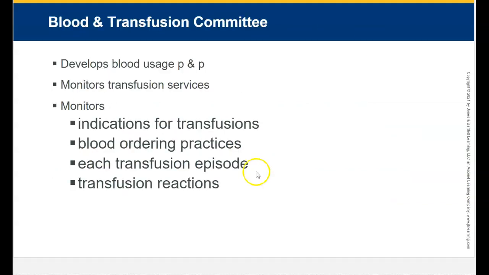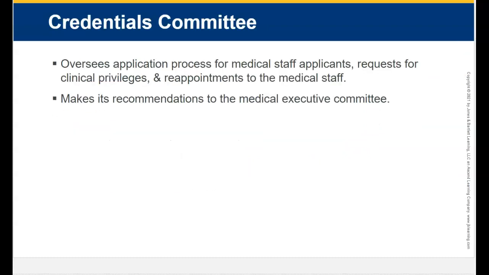Blood and transfusion committee has to do with blood orders and if there's ever a large reaction such as that. Credentialing committee oversees the application of medical staff, and they have to do some thorough background checks when it comes to physicians applying. The chapter gets more into that in just a few minutes.